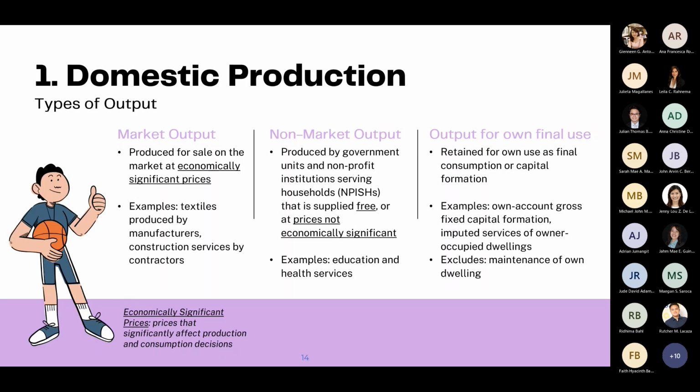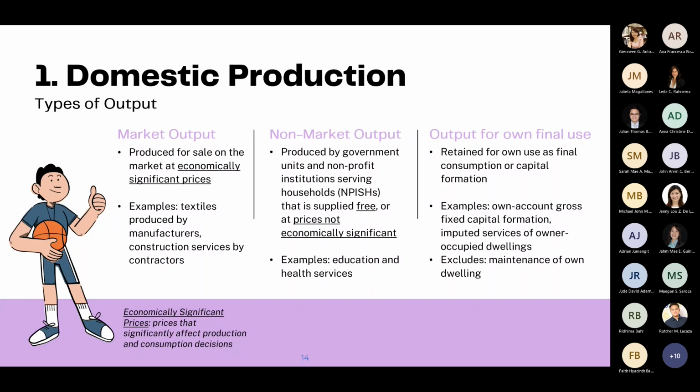So an example would be own account gross fixed capital formation. In layman's terms, a better example would probably be, for example, a textile manufacturer produces a new machine line. So it does not outsource or ask another producer to make that machine line, but rather that company makes that machine line, and it is retained for use in future production.